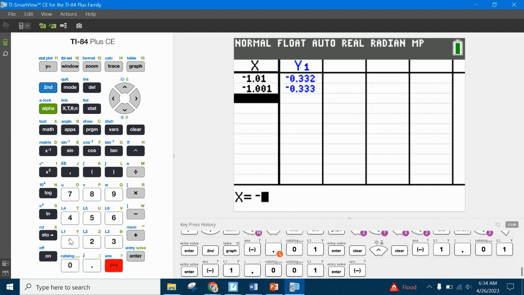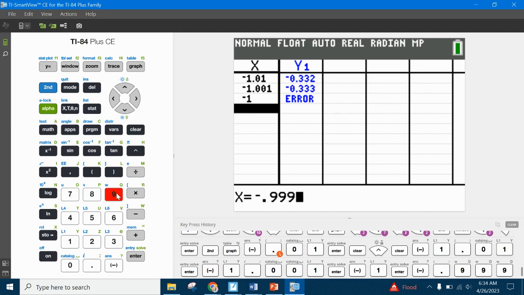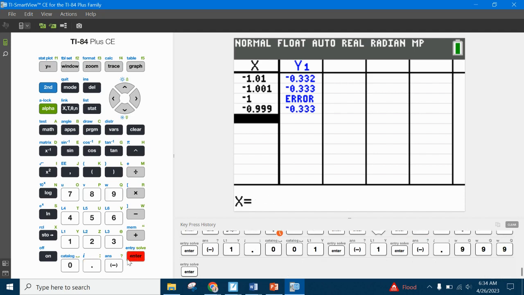When you type in negative 1, we know we should get an error. Perfect. Then let's see the other direction, negative 1.01, and then negative 1.001. Ta-da! And we can see as we get super, super close to negative 1, from both directions we're interested in here.